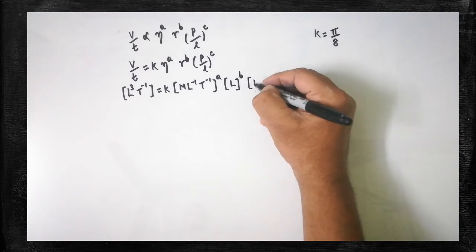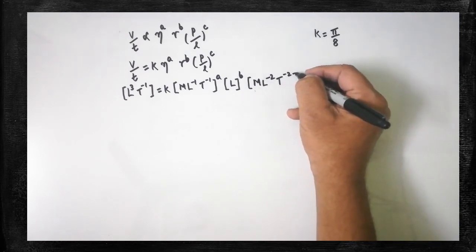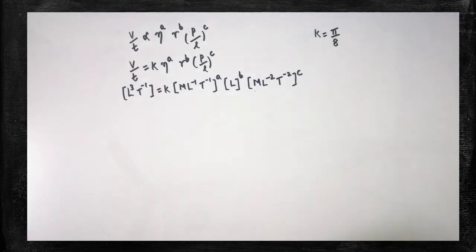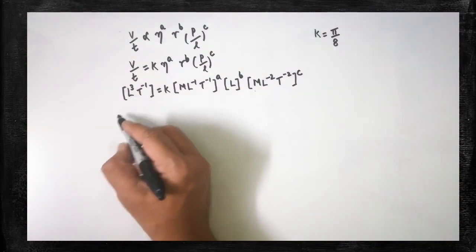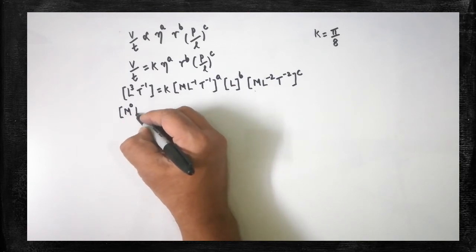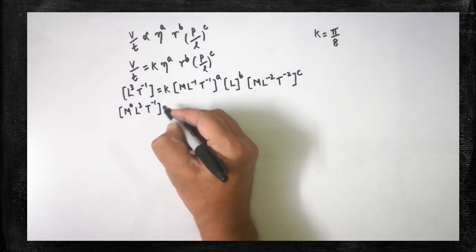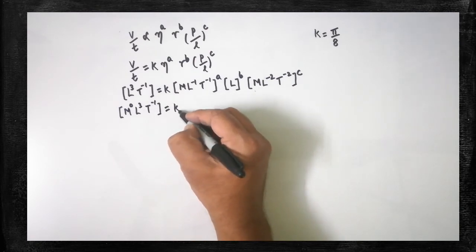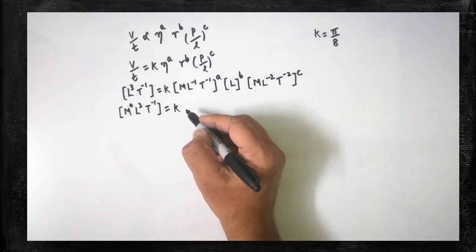Its value is M L power of minus 2 T power of minus 2, power of C must be written. Understood? So all dimensional formulas are written. Here just for convenience, I am writing this factor as M power of 0 L cube T power of minus 1. For mathematical convenience I have written. K must be written. Now you have to recall the dimensional analysis method. That one was taught in the first chapter.